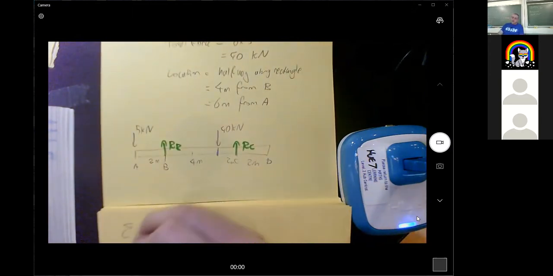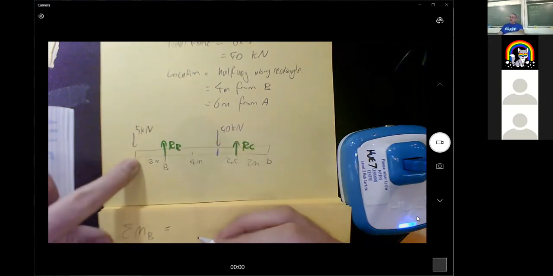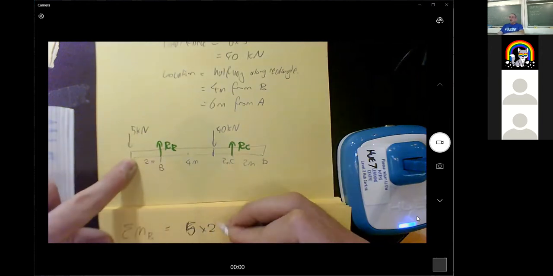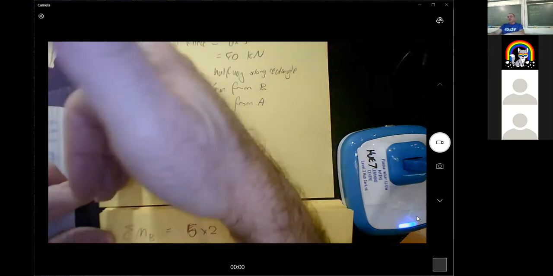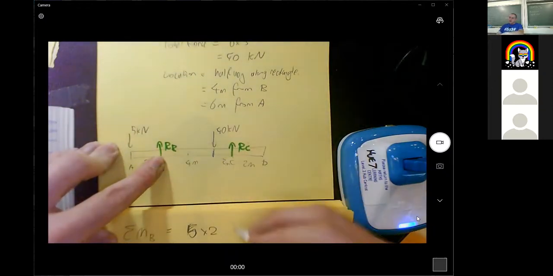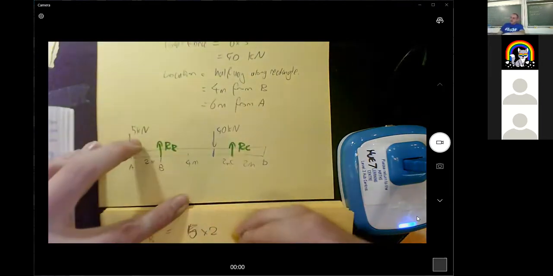So if I do the sum of the moments around B, then I've got a 5 kilonewtons acting at 2 meters away and causing a positive rotation. And I've got 40 kilonewtons acting at 4 meters away and causing a negative rotation.